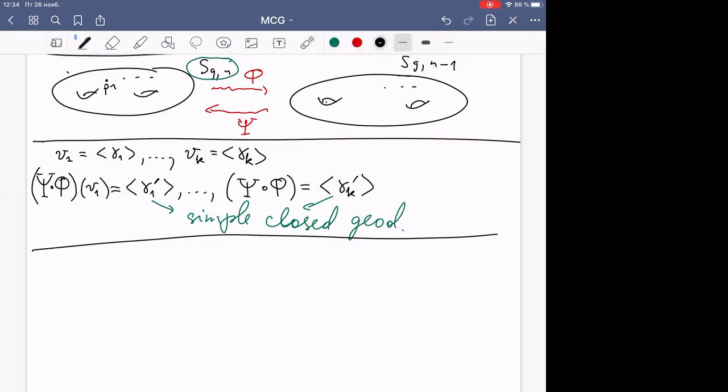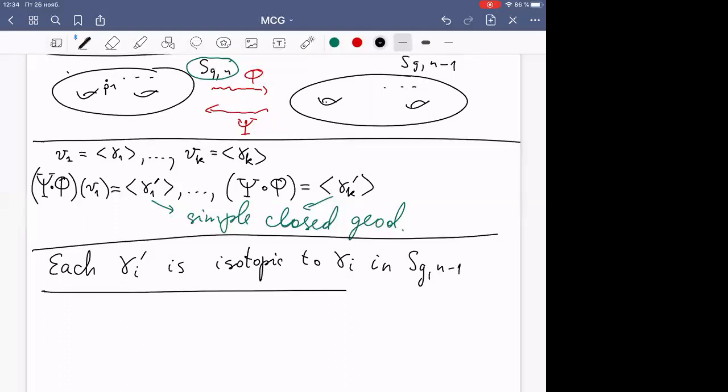The main observation is that each gamma I prime is isotopic to gamma I on the right hand side, in this surface with n-1 punctures. So if we delete the puncture P1, if we forget about the puncture P1, then the curves gamma I and gamma I prime become isotopic.